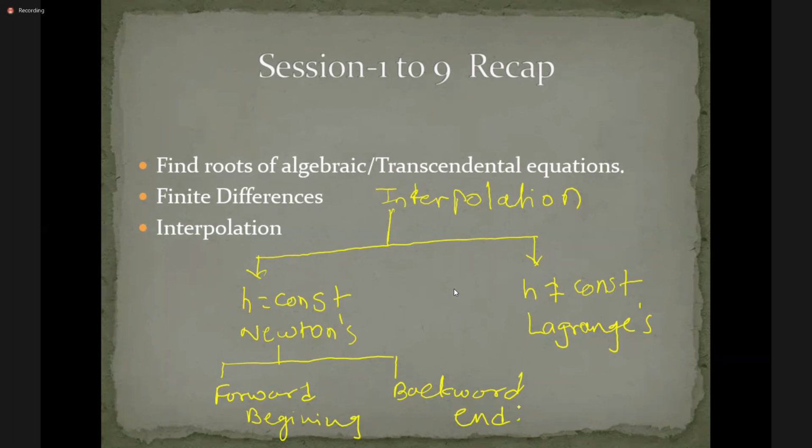You should decide which method to use depending on the data. If h is a constant, go for Newton's. If you have to interpolate at the beginning, use forward; near the end, backward. And lastly, if h is not a constant, then Lagrange's. Any doubts here?